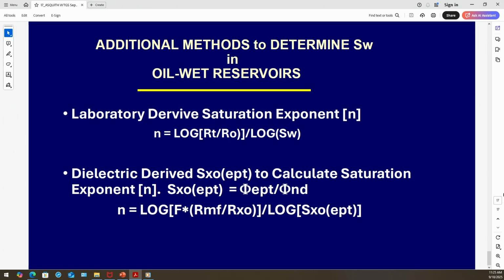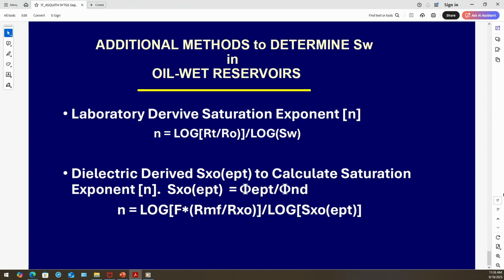Now, the last slide is other ways, if we figure out we've got an oil wet reservoir: laboratory derived saturation exponent, or N, and N is equal to the log of RT over RO divided by the log of the water saturation. Another way is, if you run a dielectric log, you can get a dielectric derived SXO. Actually, you could also get an SI from that, depending on depth of penetration, to calculate saturation exponent.